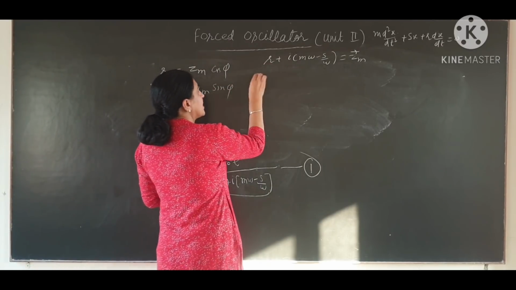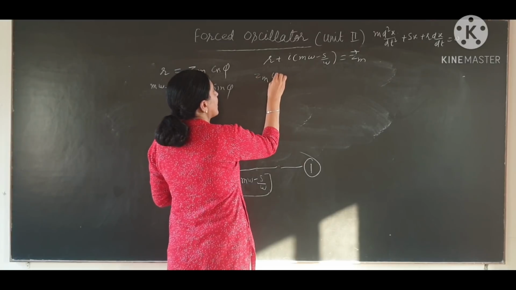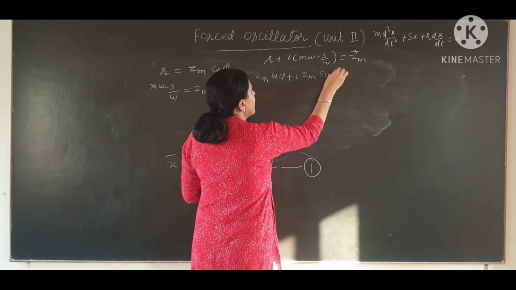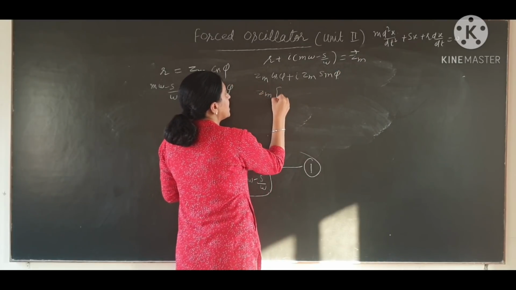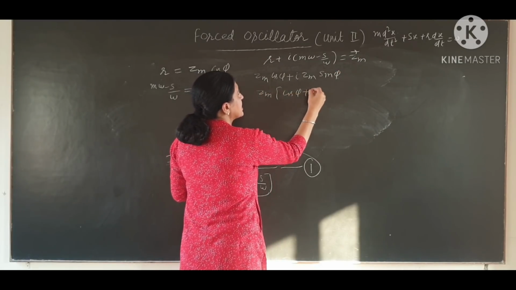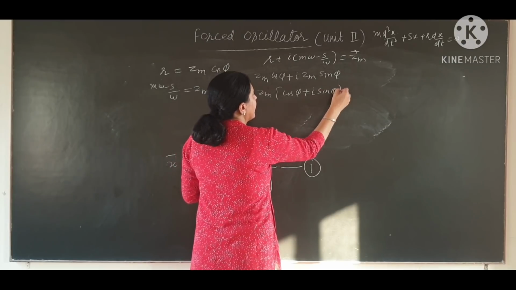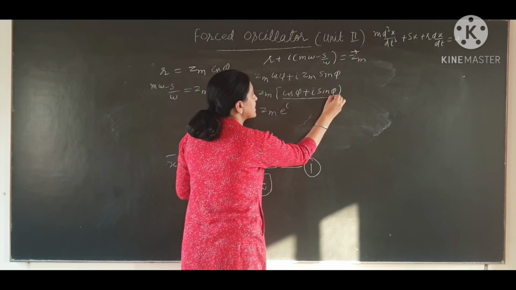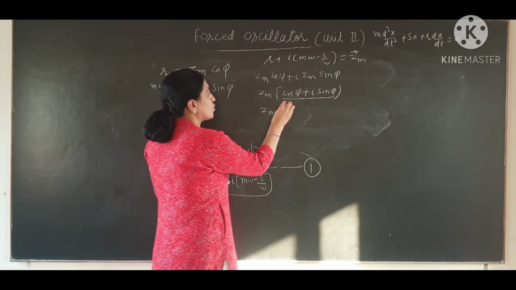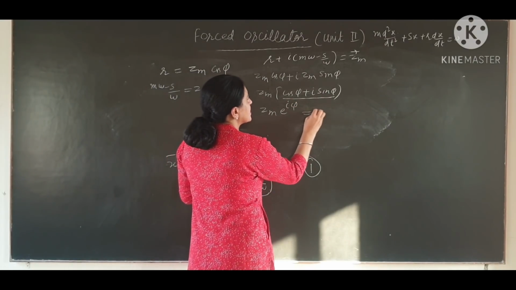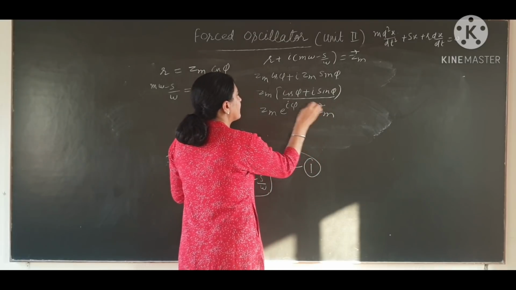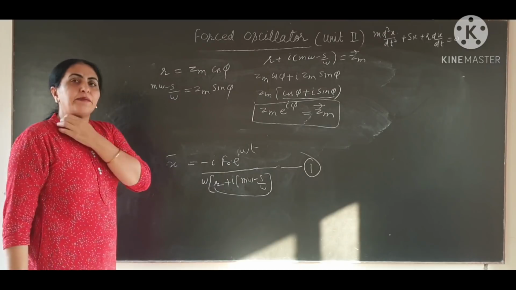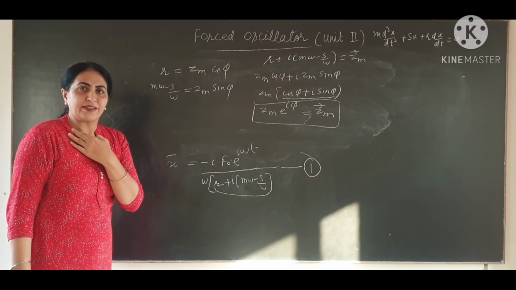So if we put here Zm cos phi plus iota Zm sin phi, can I write Zm is common? This is cos phi plus iota sin phi, and this is equal to Zm e raised to power iota phi, because cos phi plus iota sin phi is e raised to power iota phi. So instead of Zm, you can write Zm e raised to power iota phi.